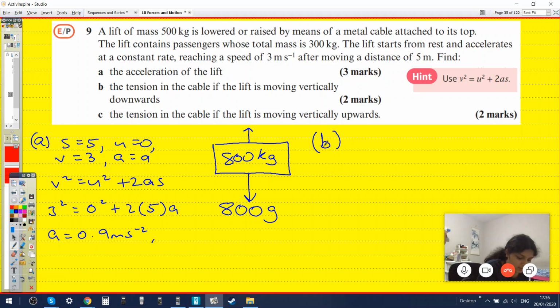I got T is equal to 7,120 newtons, which might be wrong. Seems fine.